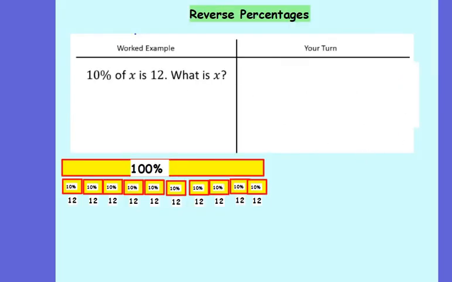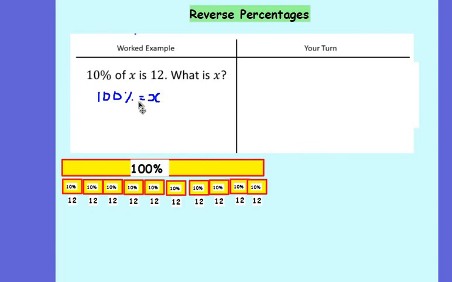If 10% of something, x, is 12, what is x? We need to find out what 100% of x is. So 100% is x. Now we know that 10% of that is 12, and if we look at our bar model, we know that there's 10 lots of 10% in 100%.